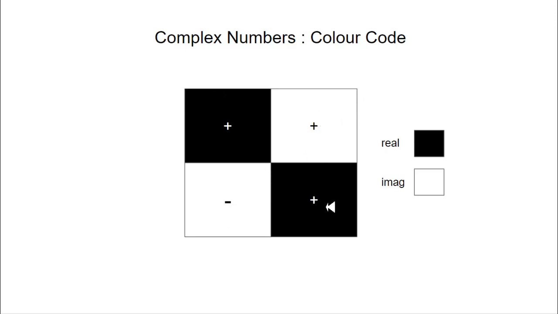Okay, the forward diagonal has the same sense, and the backward diagonal has the opposite sense. And so I decided to color code this complex number by making the real component black and the imaginary component white, so you can clearly see that the forward diagonal is real and the backward diagonal is imaginary just at a glance.